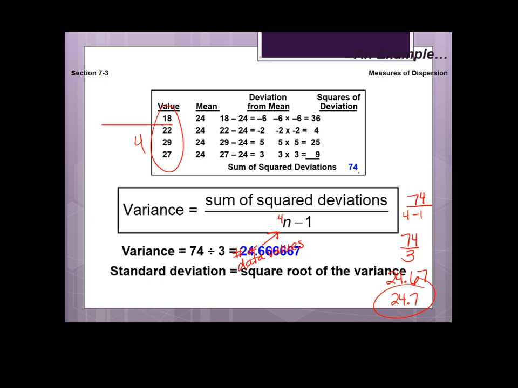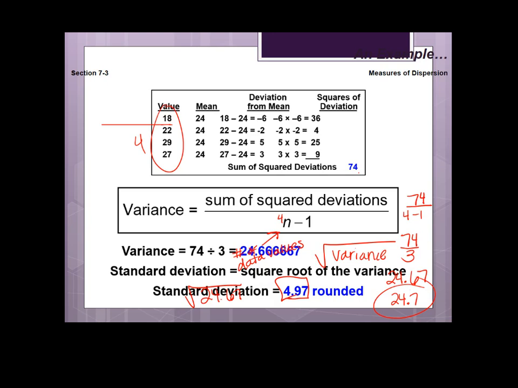Okay, and then the standard deviation is just whatever the variance is, square rooted. So it's that 24.67 number, square rooted, which is 4.97. So the standard deviation is 4.97. So what that means, this number, what does standard deviation even mean?